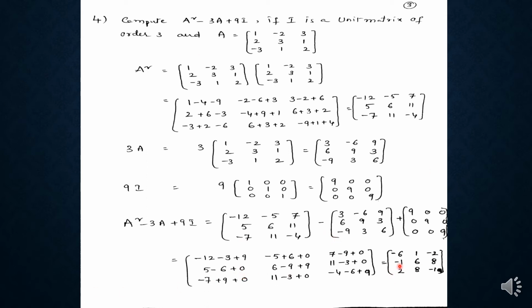That is equal to [-6 1 -2; -1 6 8; 2 8 -1]. So A square minus 3A plus 9I is equal to a 3 by 3 matrix, that is [-6 1 -2; -1 6 8; 2 8 -1].